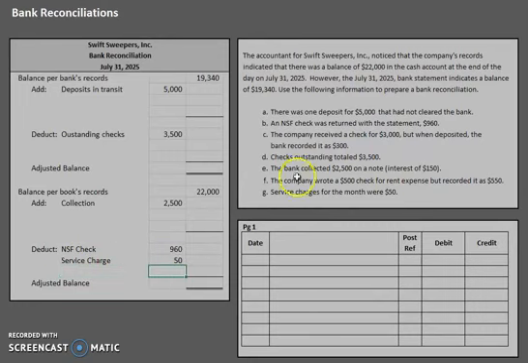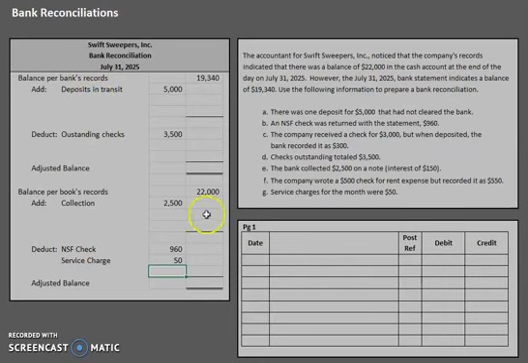Okay, now that we have all of those pieces of information, let's go back up to the errors. And before we get into errors really quickly, notice here deposits in transit, outstanding checks, collections, non-sufficient funds checks, and service charges. These are always and forevers. These are things that are always going to be treated this way. Whenever you see a deposit in transit, it will always be an add to bank.